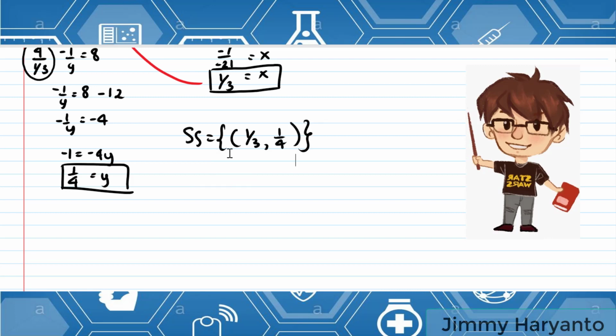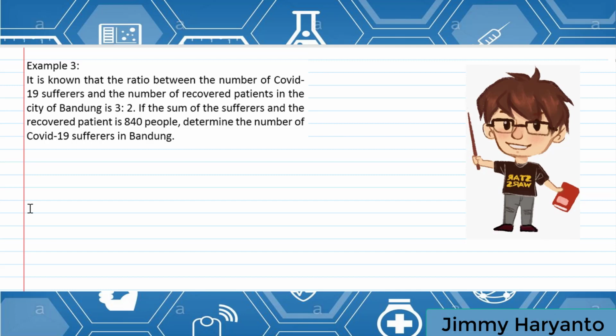Okay guys, I think it's very easy. You already learned this, so I only review it to make it easier later in SPLTV. Okay, next. The last example is word problems. It is known that the ratio between the number of COVID-19 sufferers and the number of recovered patients in the city of Bandung is 3 to 2.